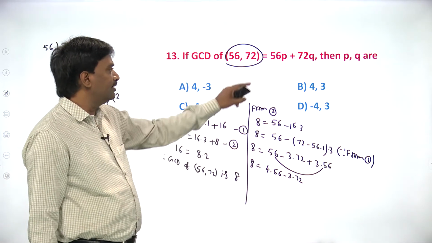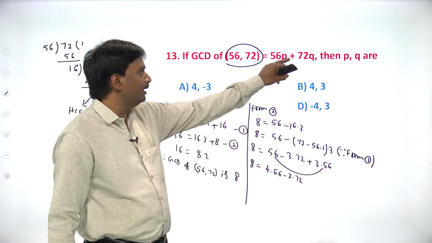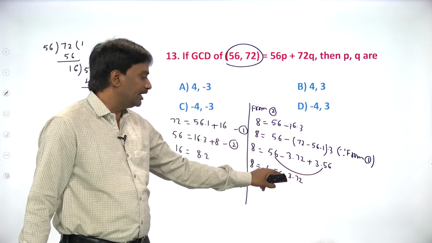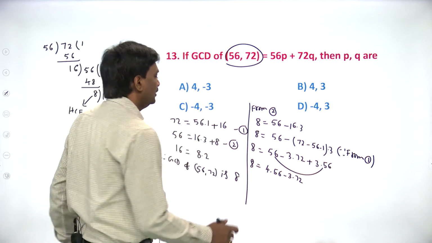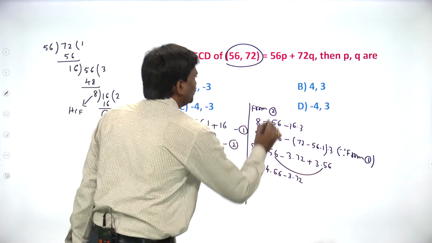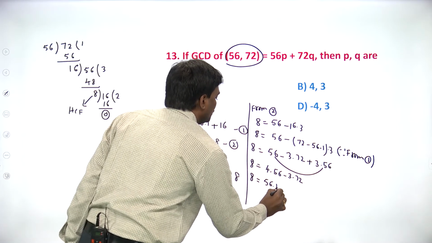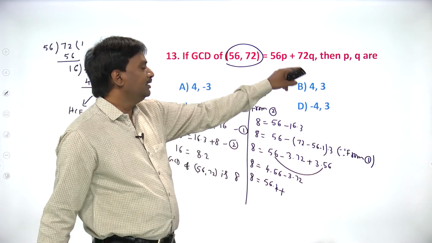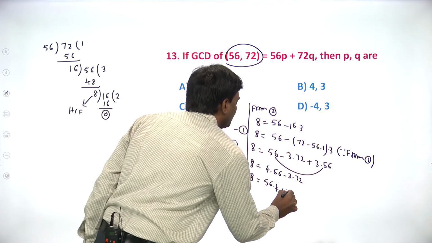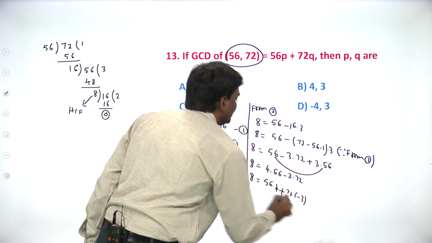By observing the given problem, we have 56 into P plus 72 into Q. Let us express the RHS in this form. So 8 equal to 56 into 4 plus 72 into minus 3.